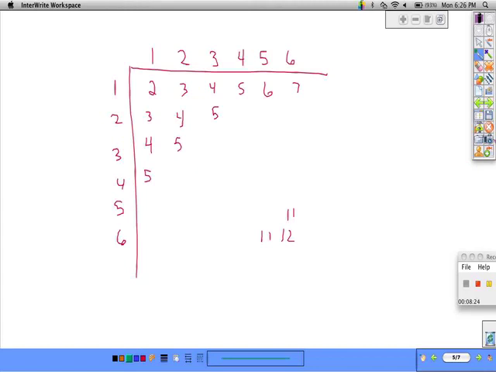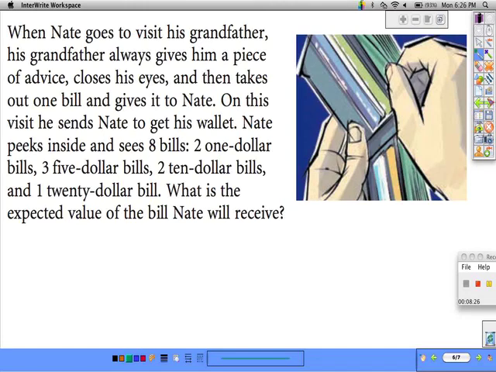And this idea of expected value is very applicable to something along these lines, where I'm going to reach into this wallet and I get 1 bill from it. What is the expected value for this? We're going to make a table again with our random variable x and the probability for each x.